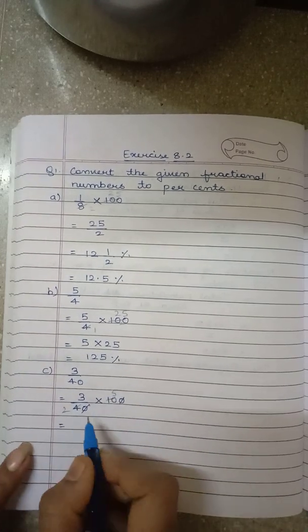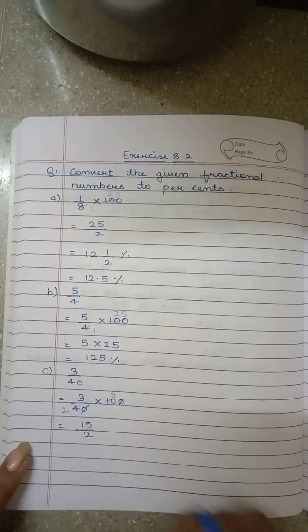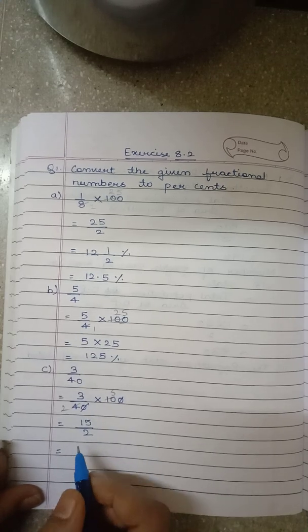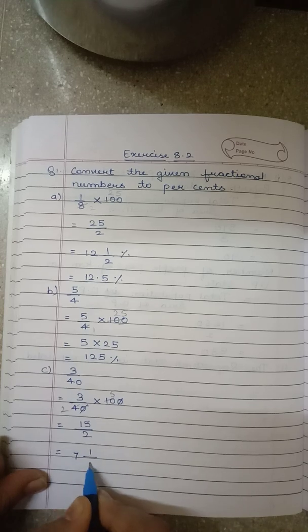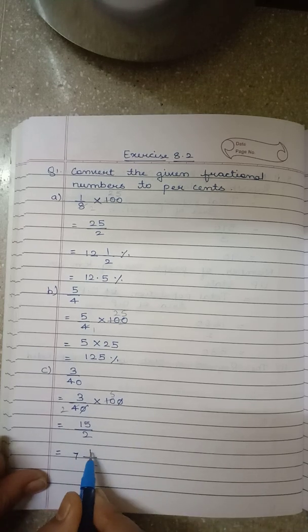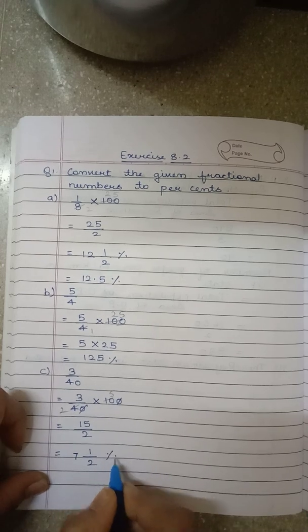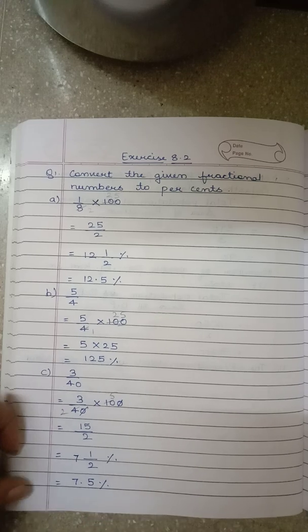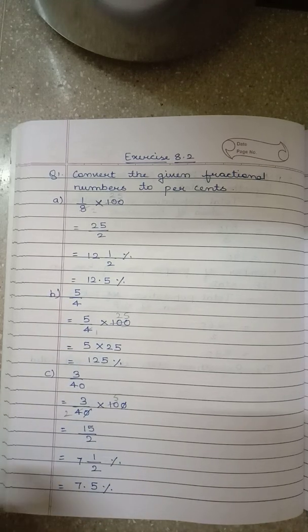What is remaining is 3 into 5, 15 upon 2. 15 by 2, in the mixed fraction form, you can write as 7 integer 1 by 2, since 2 7s are 14 plus 1, 15. So 15 by 2%, or in the decimal form as 7.5%. Any one is correct. In this way you have to convert into percentage.